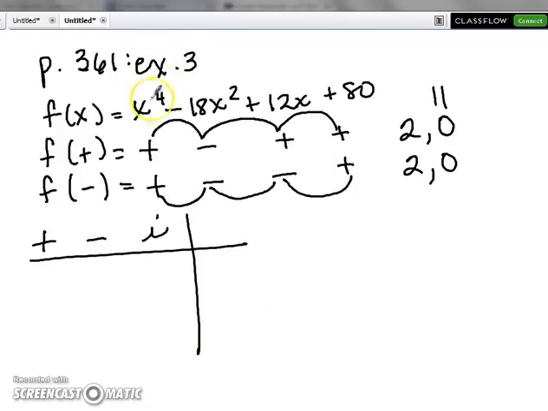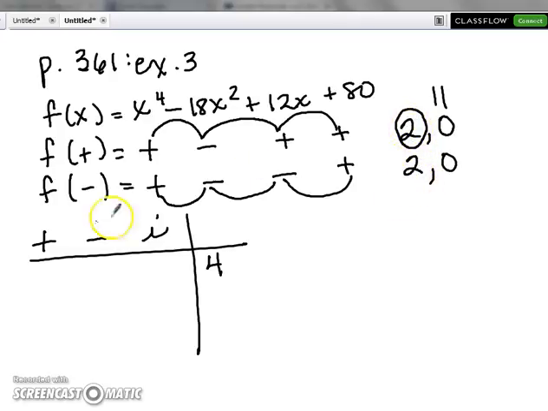If this is a 4th degree function, which it is, then I better get 4 solutions, period. I don't care if they're negative, positive, real, imaginary, but total I should have as many solutions as the degree of the function is. So I'm going to take 2, and I'm going to say, well, what if I have 2 positive solutions, and I can only take one number from each of these at a time.